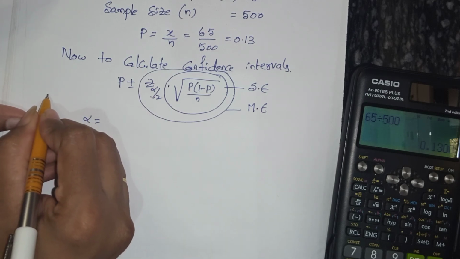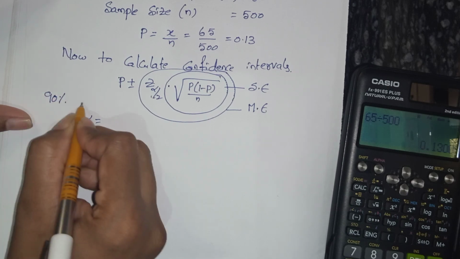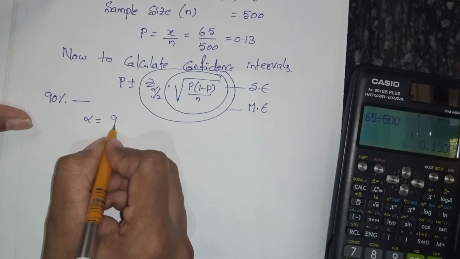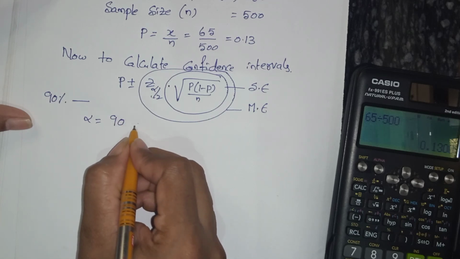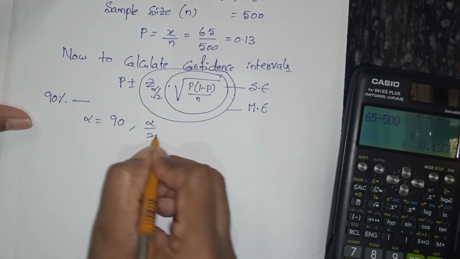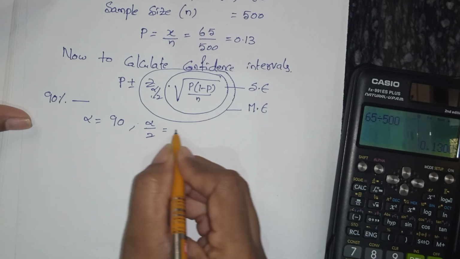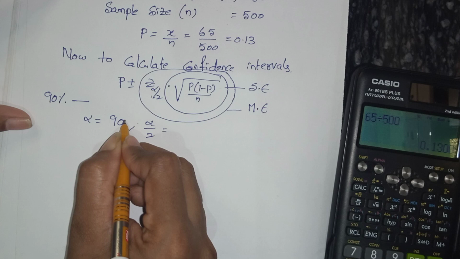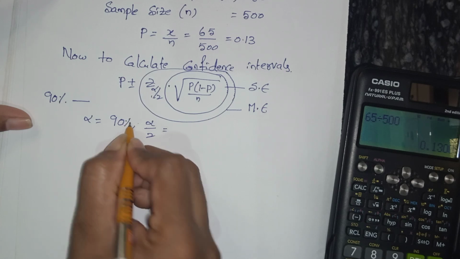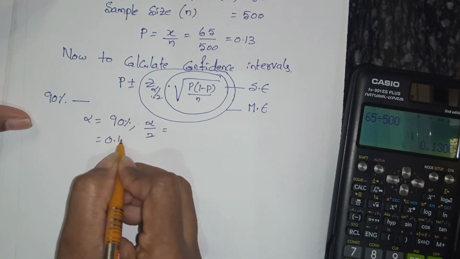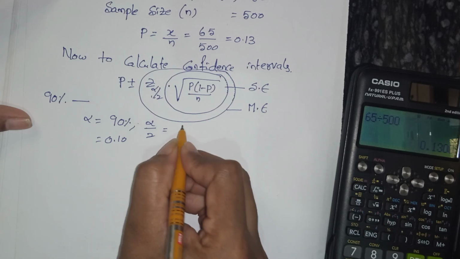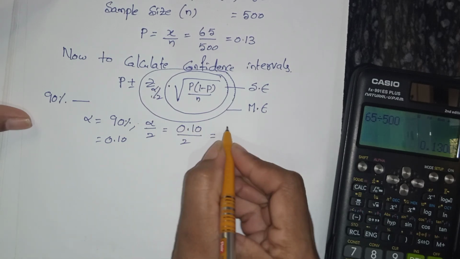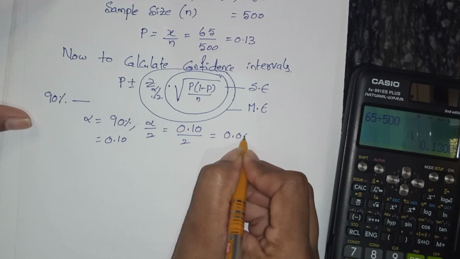First we'll take 90% confidence interval. So alpha is 0.10, and 0.10 by 2 is 0.05.